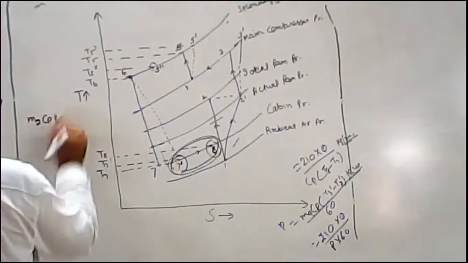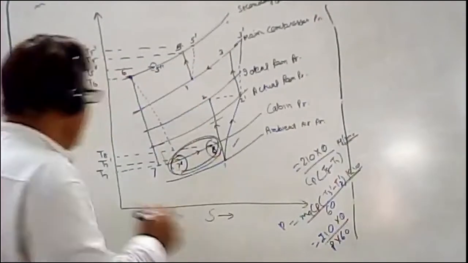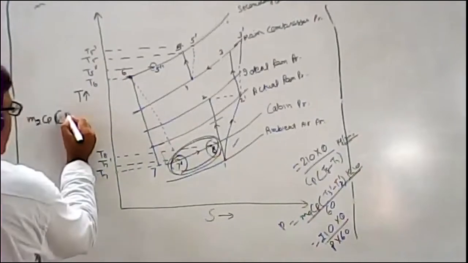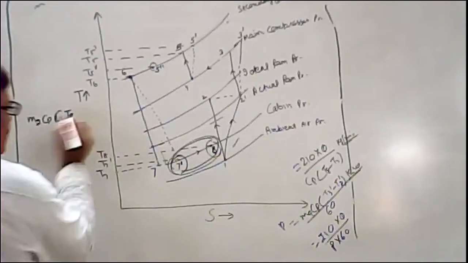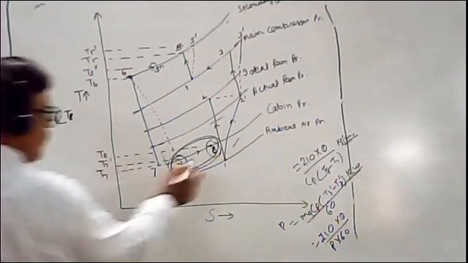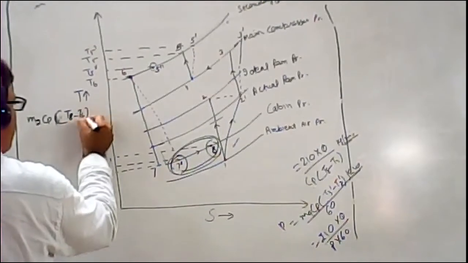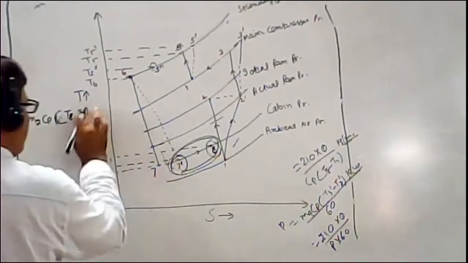T8 is the temperature which is going to the atmosphere, minus how much refrigeration factor will be there, T6, or in this case T7.